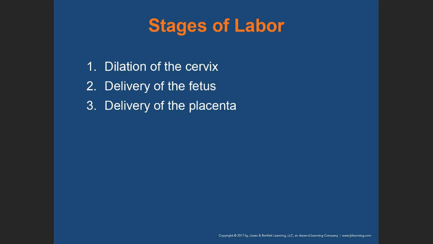As EMTs, you will not check for cervical dilation. So for you, the first stage ends when you can see crowning. If you see crowning, which is the head of the fetus, or you can see the amniotic sac, then that's the end of the first stage.